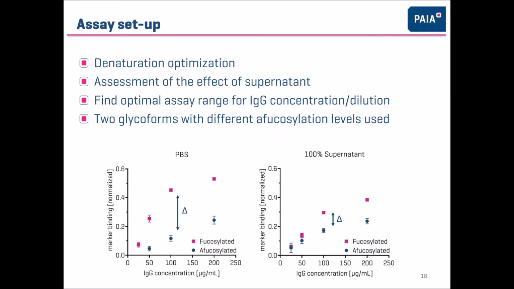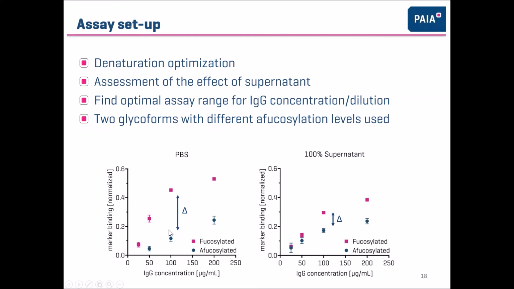So as a rule of thumb, you would say that the more you can dilute the samples in a buffer like PBS, the better it will be for the discrimination power of the assay. So that's the one thing that you can derive from such an experiment.